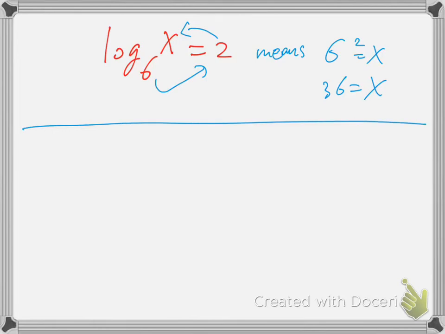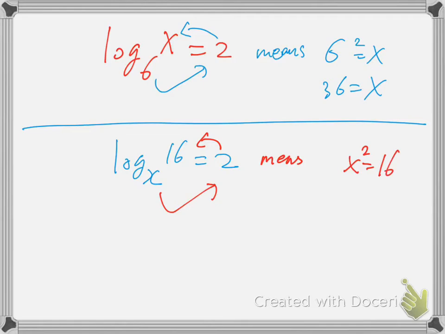So number 8, log x of 16 is 2. Again, you just need the definition to solve this log equation. This means x squared is 16. So x could be positive 4 or x could be negative 4. But we have to drop the negative solution.